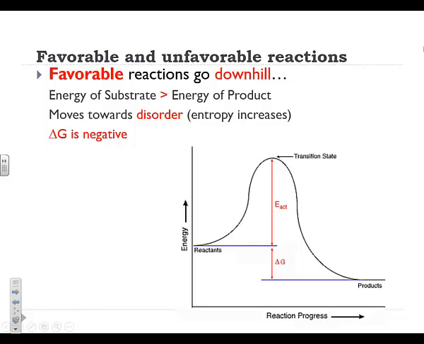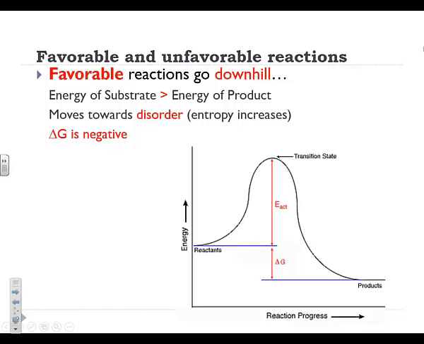So there are two types of reactions, though, and enzymes can catalyze both in a cell. There are favorable or downhill reactions where the free energy changes. G is the Gibbs free energy, delta G is the change in the energy, and delta G is going to indicate the positivity or the negativity.